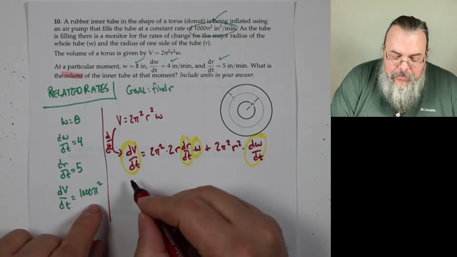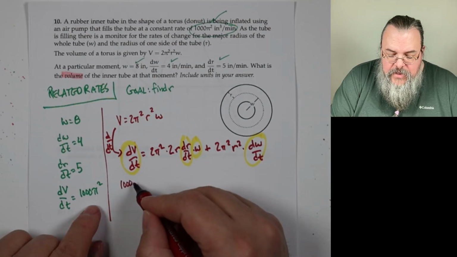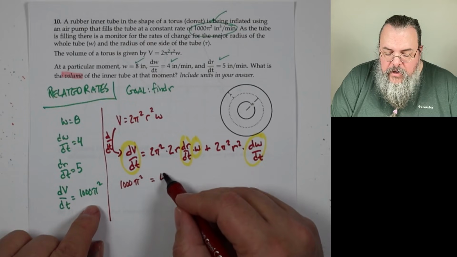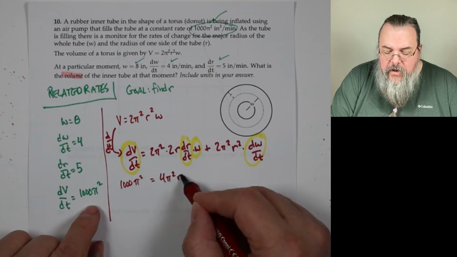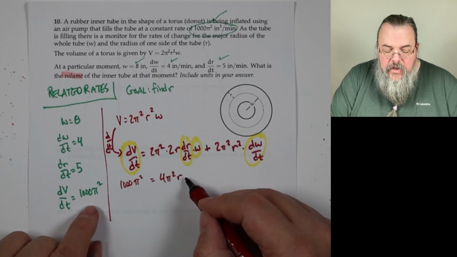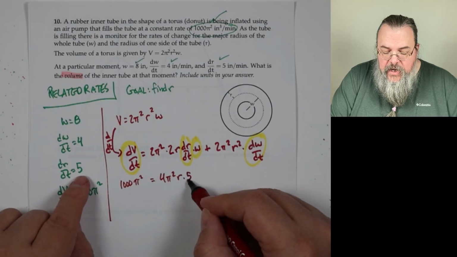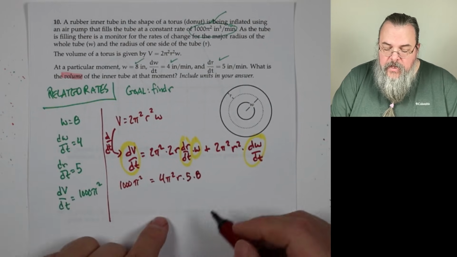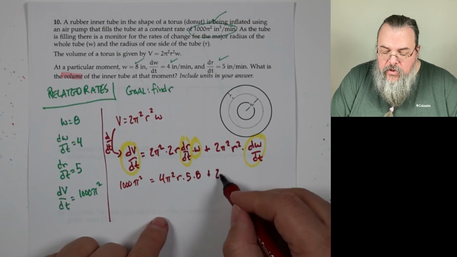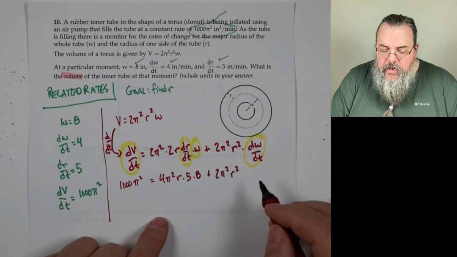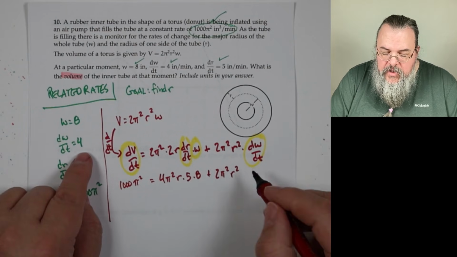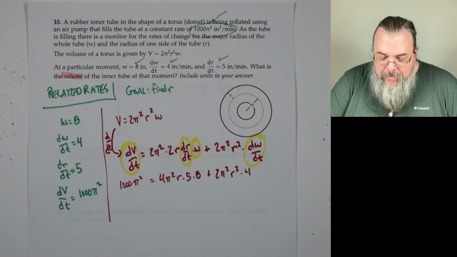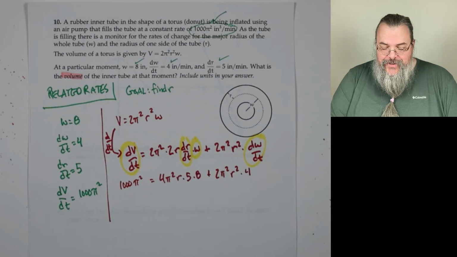So dV/dt, 1,000 pi squared equals 4 pi squared r times dr/dt, which is 5, times w, which is 8, plus 2 pi squared r squared times dw/dt, which is 4. All right. It's all been laid out for us.